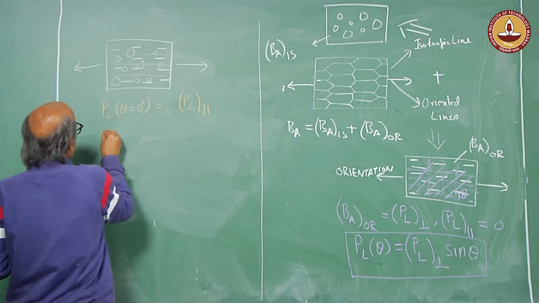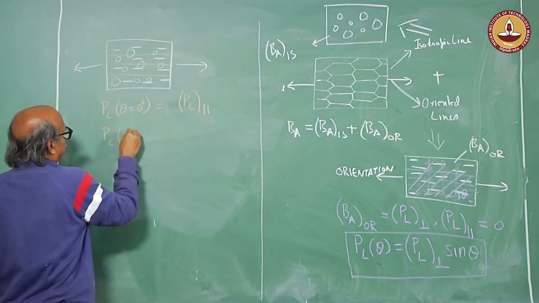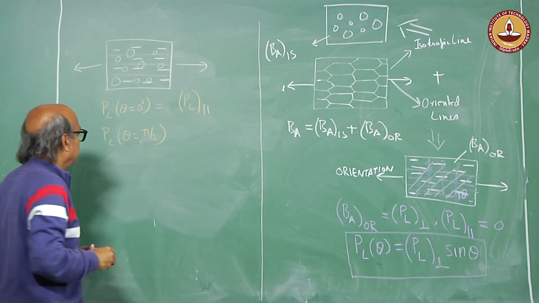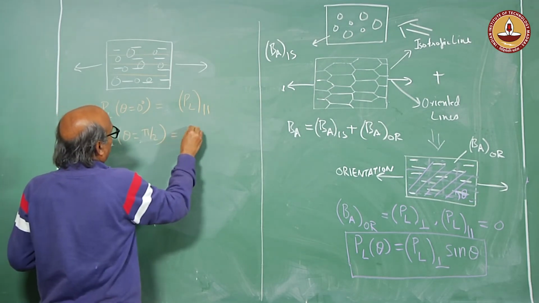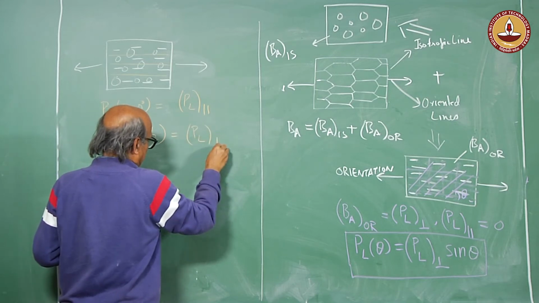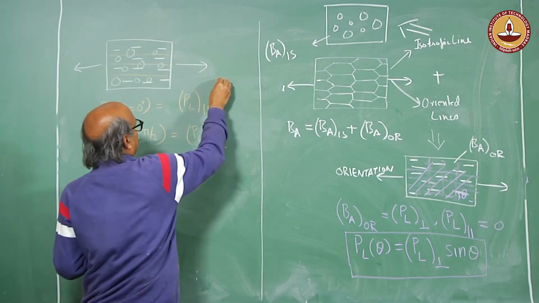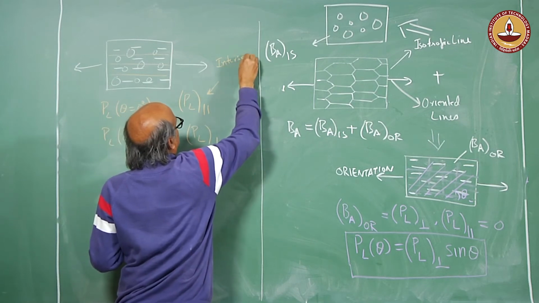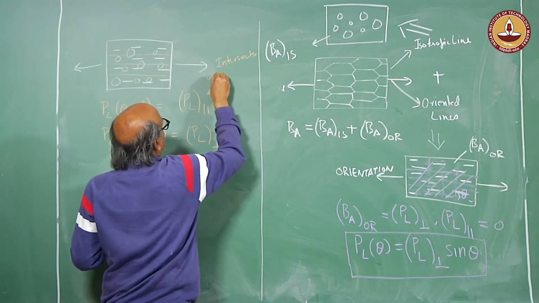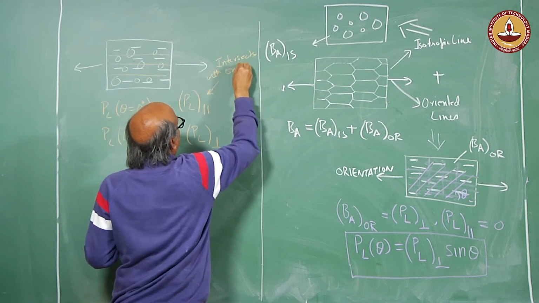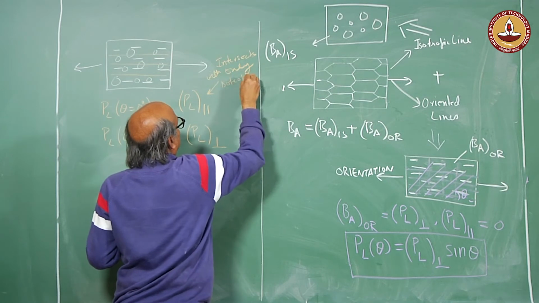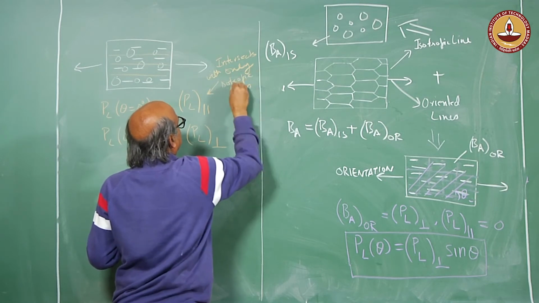What about PL where theta is equal to pi by 2, and I will call that PL perpendicular. So, this one intersects with not only isotropic lines.